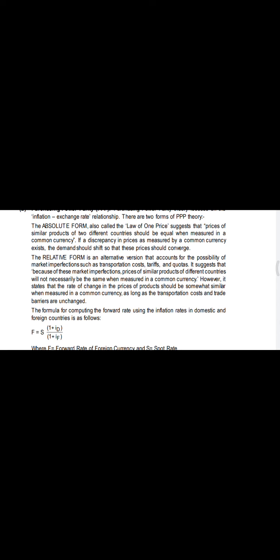The formula for computing forward rate using the inflation rates in domestic and foreign countries is as follows. Forward rate is equal to spot rate into 1 plus domestic inflation index upon 1 plus foreign inflation index, where F is forward rate of foreign currency and S is spot rate.